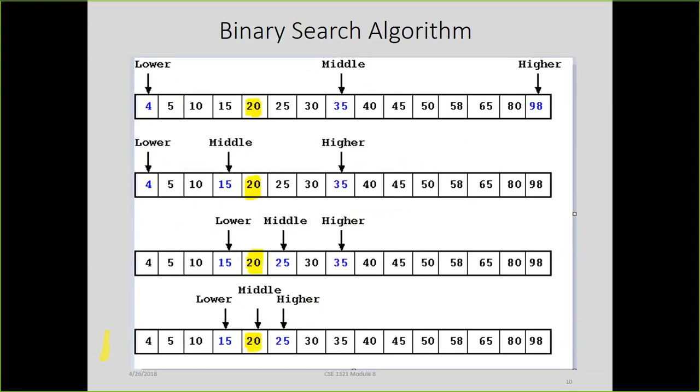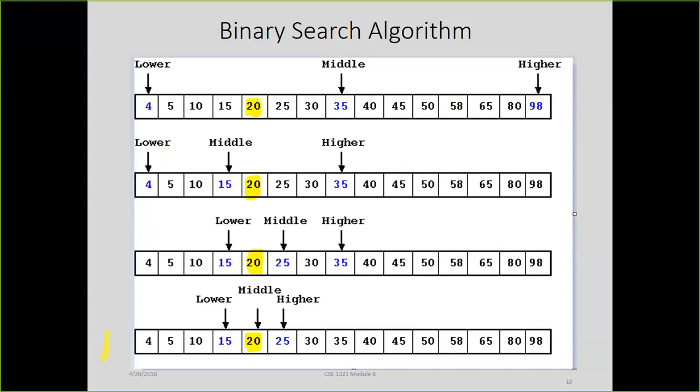We don't need the higher part. We are sure that our element is on the left side of 35. So we will move my higher index from the last element to here. You see that the array size becomes half.